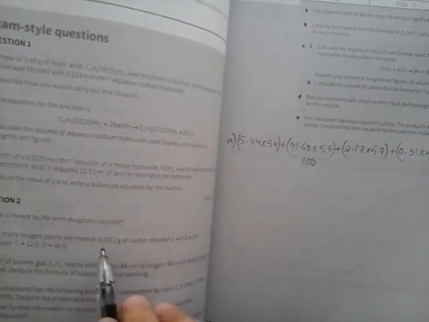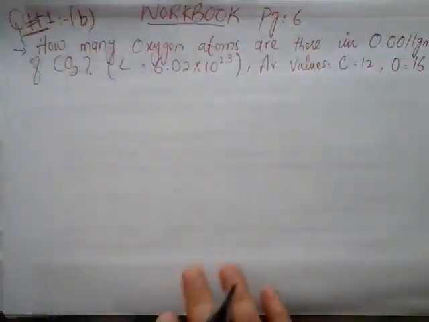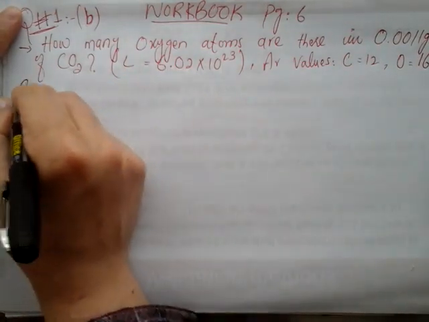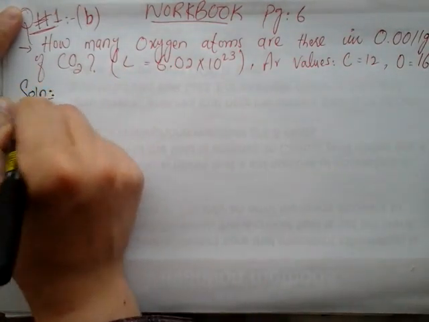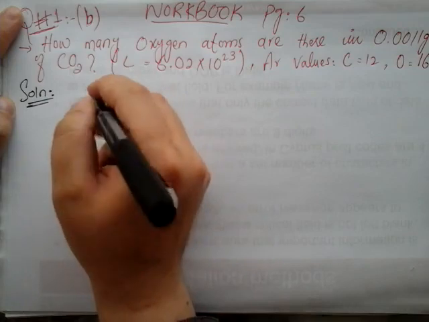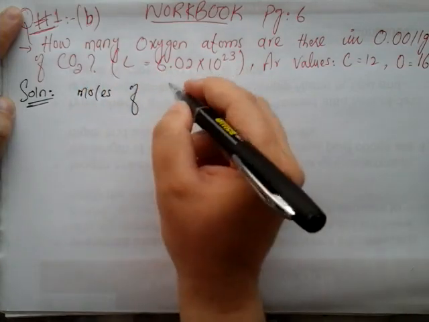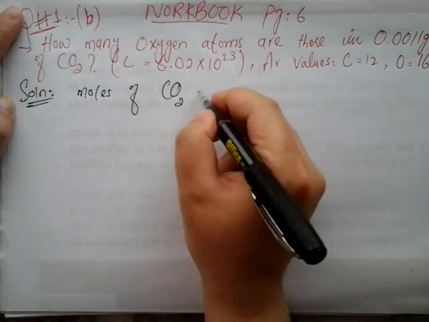Now inside your workbook on page number 6, there is question number 2, part B. How many oxygen atoms are there in 0.011 gram of carbon dioxide? Avogadro number is given for you. You have to find the number of atoms in 0.011 gram of carbon dioxide. First of all you have to find the moles of carbon dioxide.